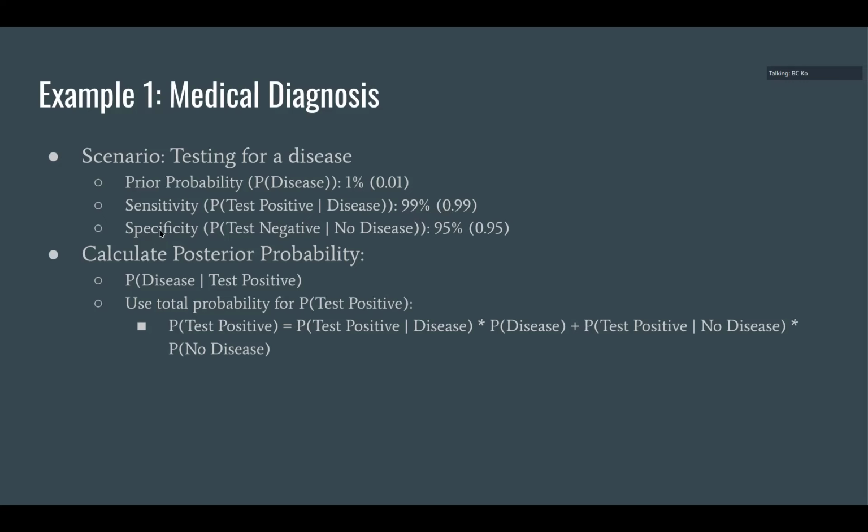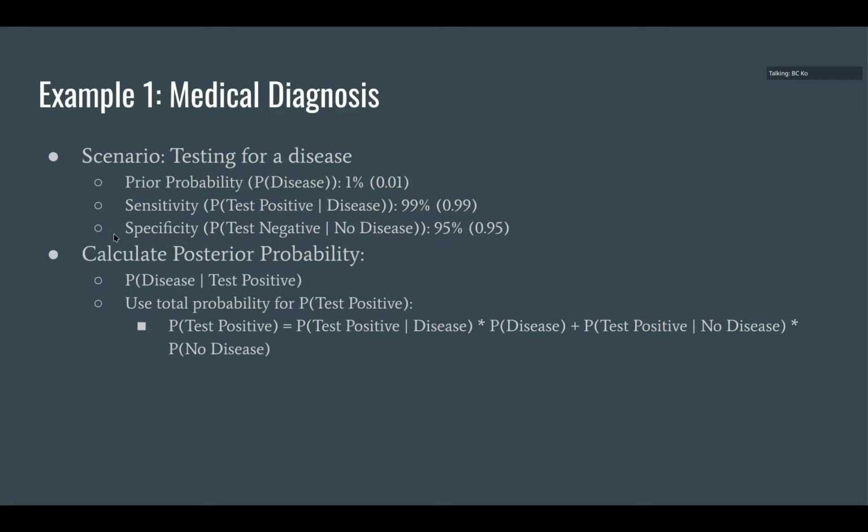Specificity, the probability of testing negative given there's no disease. This is the probability that the test correctly identifies the absence of the disease, which is 95% or 0.95.